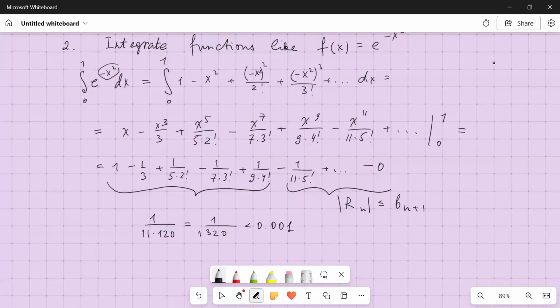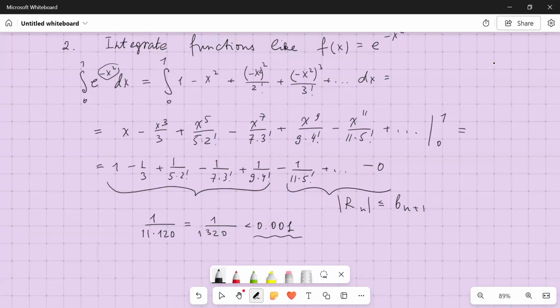So if I drop this term, which is term number 6, the remainder, all terms after that, is going to be less than 0.001. So if I add up these terms, my accuracy is going to be pretty high, right? The first digit after the decimal point is going to be correct, the second digit correct, and the last digit is going to be, well, plus or minus 0.001.